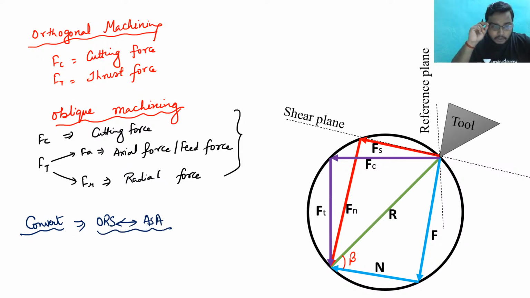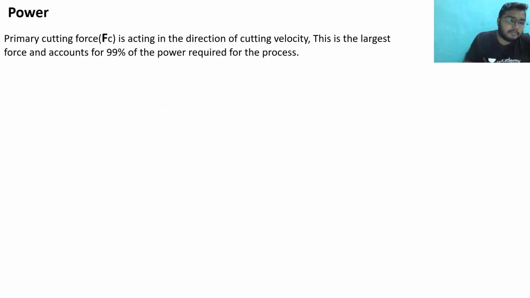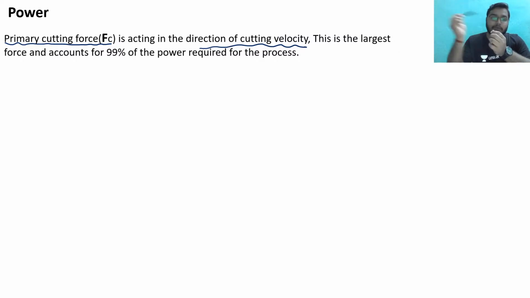Having known these things, power. See, the primary cutting force, that is Fc, is acting in the direction of cutting velocity. When you are machining, in this direction the cutting velocity is there, and in this same direction the cutting force is responsible for the entire cutting process. This force cuts the chips and machines the element.